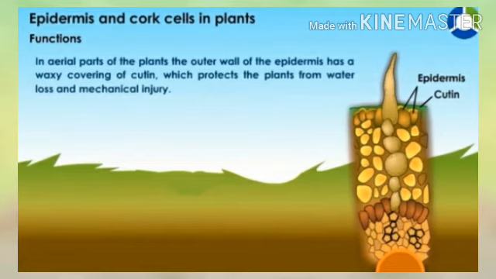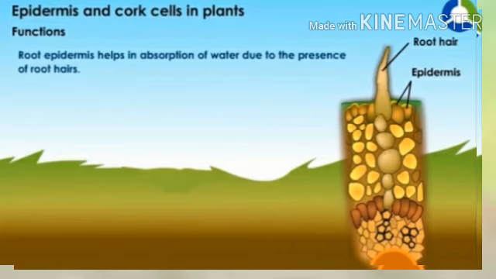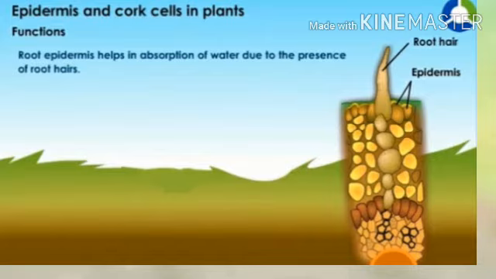Cutin is a chemical with waterproof quality to protect against water loss, mechanical injury, and parasite and fungal invasion or infection. The epidermal cells of roots, whose function is water absorption, typically have long hair-like sections that significantly increase the total surface area for absorption of water.